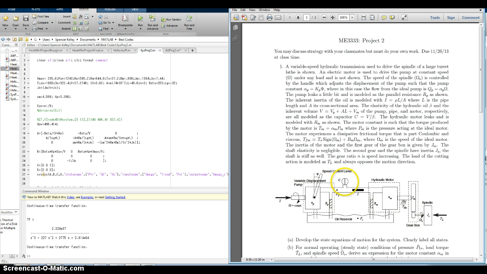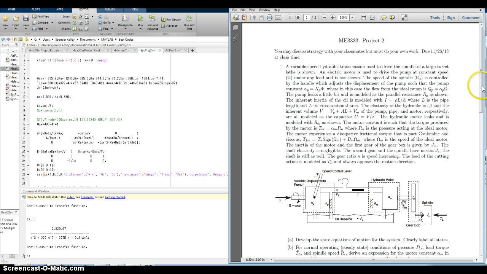Now, it has the three variables of pressure through the capacitor, flow through the inerter, and then ultimately the spindle speed, and the system responds to a change in this lever angle, because a change in the angle results in a change of the transducer property, which affects the pressure through the entire fluidic system, which has a response that is felt later through the inerter and ultimately through the spindle speed.